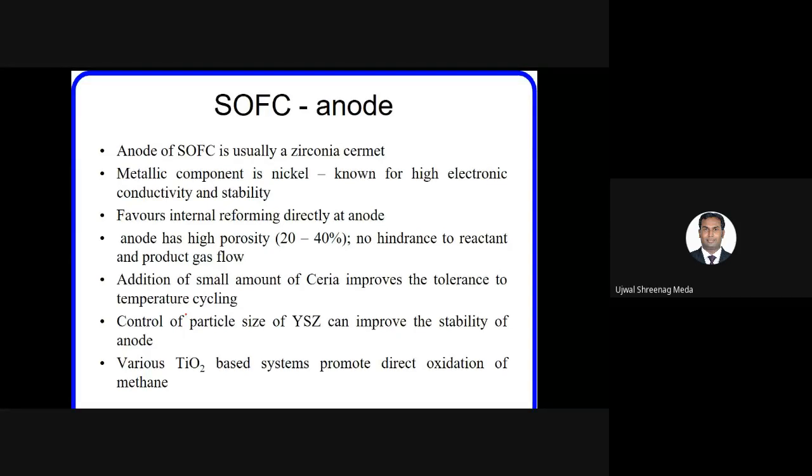Stability or tolerance with respect to temperature cycling is enhanced when ceria is used in fabricating these electrodes. And the particle size will also play a role, and control of particle size can definitely improve the stability of the anode.